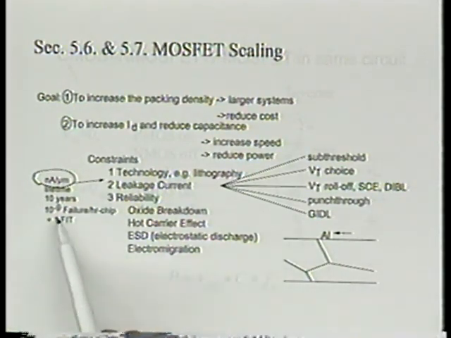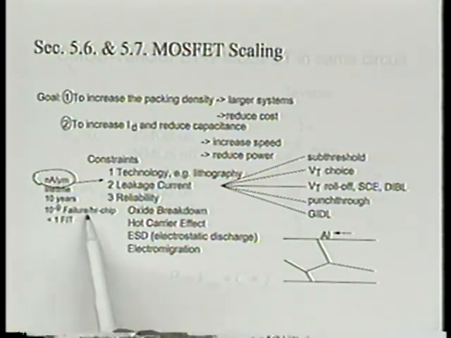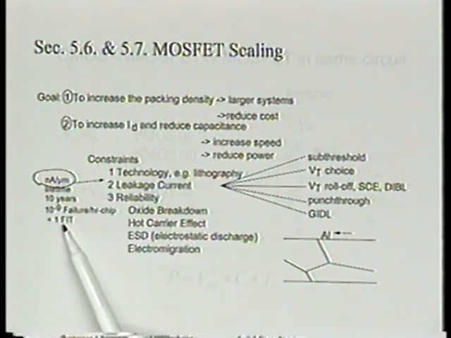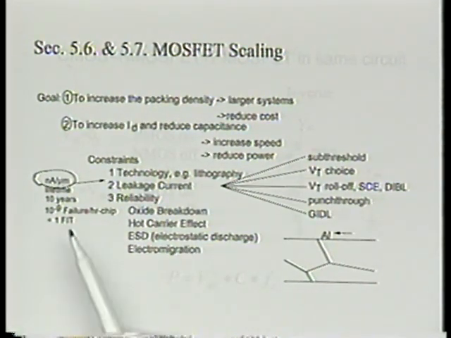Failure rate has units like how many failures per chip hour. You can imagine the meaning of chip hour, like man-year. Typically, the unit used is 10 to the minus 9 failures per chip hour. That unit has the name FIT, so 1 FIT.